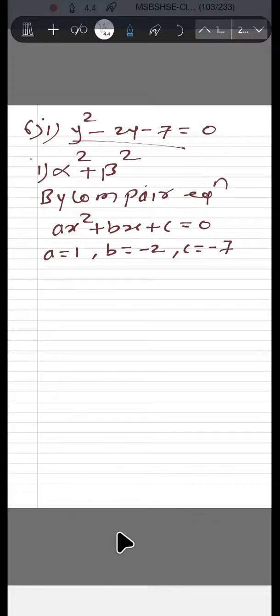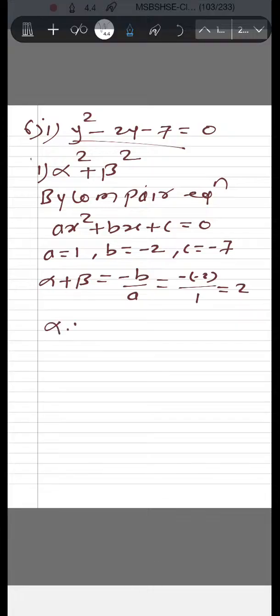Okay, see, alpha plus beta is equal to minus b upon a. Correct, that is a formula. So minus of minus 2 upon 1, which is equal to 2, and alpha dot beta is equal to c upon a, which is minus 7 upon 1, which is equal to minus 7. Correct. So these things we have found.